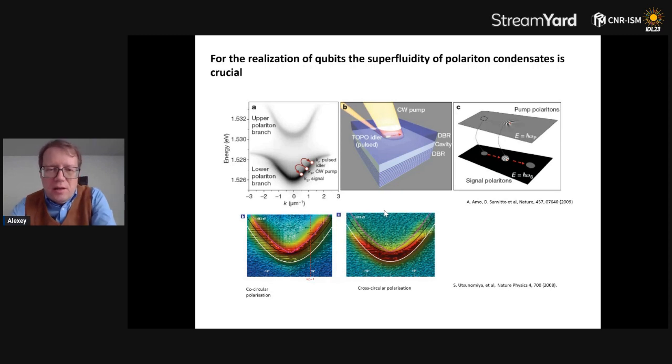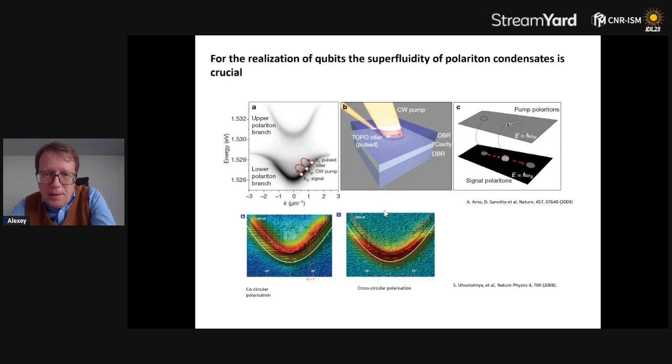This effect, very similar to the superfluidity of liquid helium, was experimentally observed back in 2008-2009, initially at low temperatures, but now it is also observed in perovskite microcavities at room temperature.